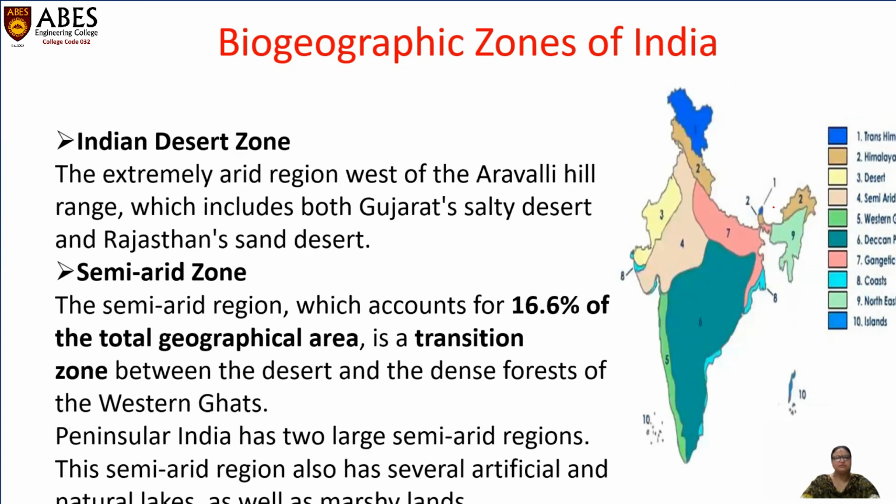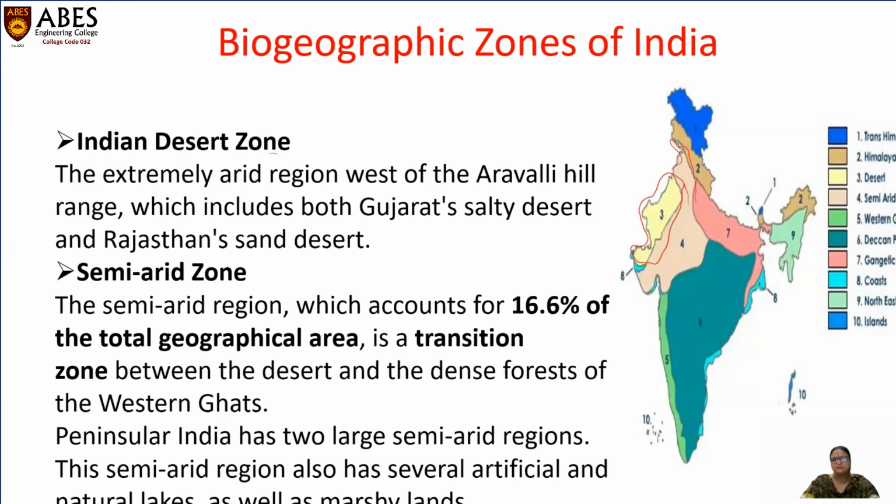Now, coming to the next one, this is the Indian desert zone, and you can see the demarcation of this Indian desert zone. After this comes the semi-arid zone.